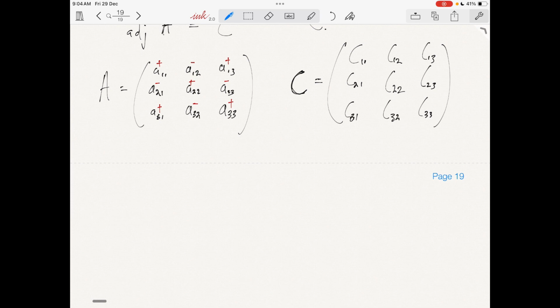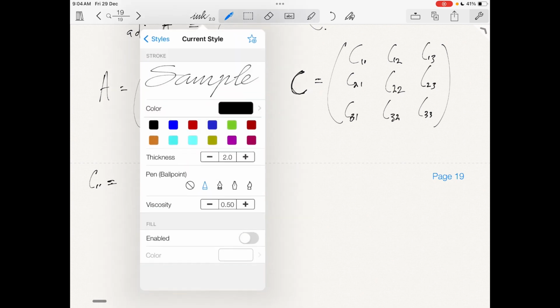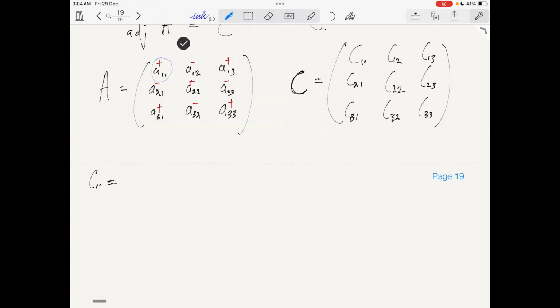Let's start with the cofactor C11. Just like we did in the determinant, we look at the elements on the horizontal and on the vertical, and we pick what is left. That's A22, A23, A32, A33.